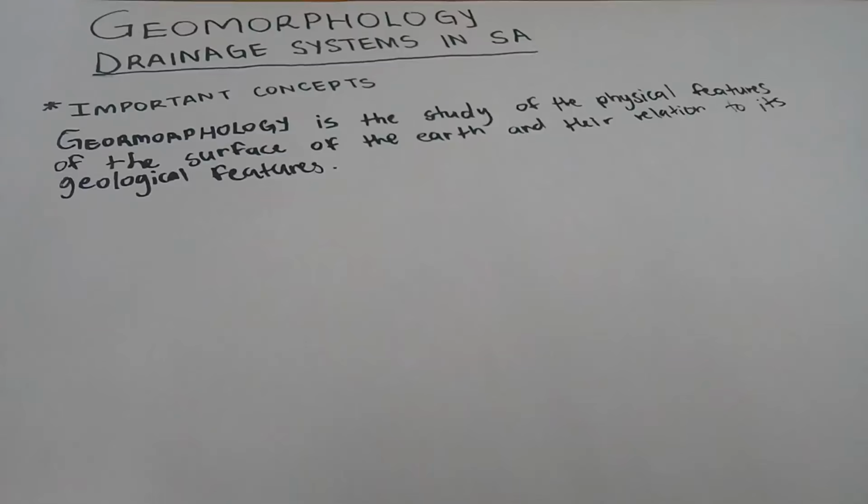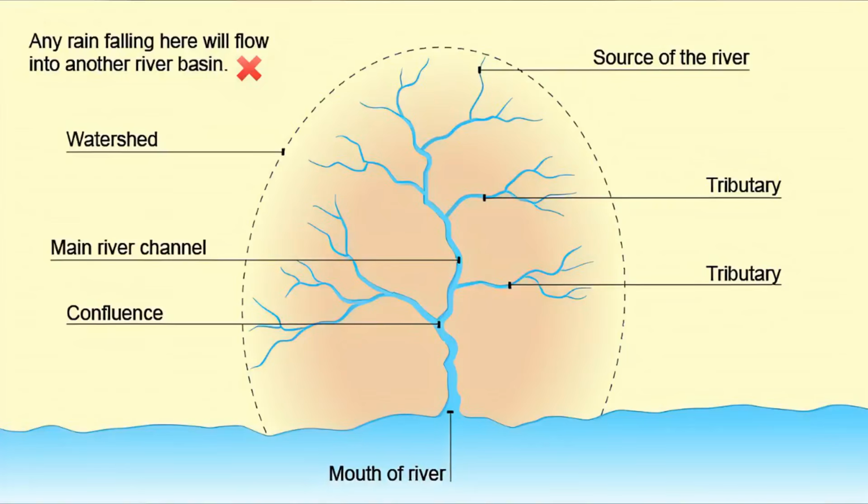So let me first give you a definition of a drainage basin, because a drainage system is whereby you see your rivers, you see your tributaries that make up your river, and your sources and so on. A drainage basin is an area that is drained by a river and all its tributaries.